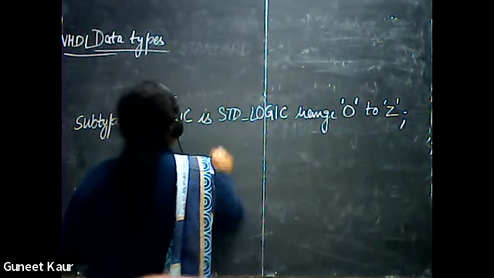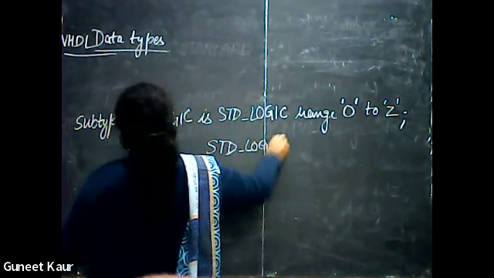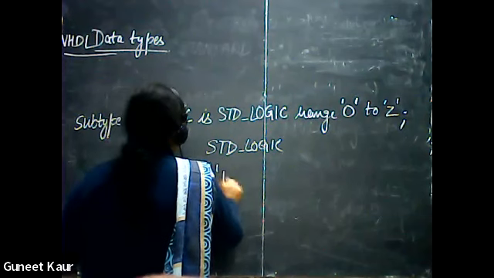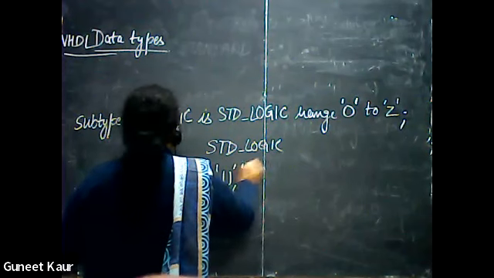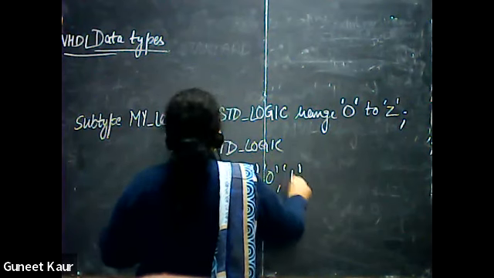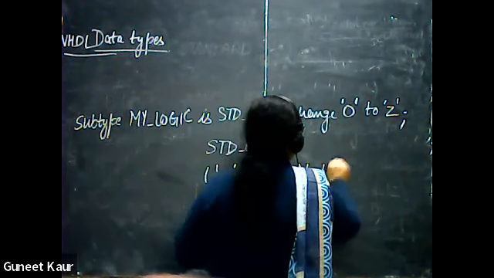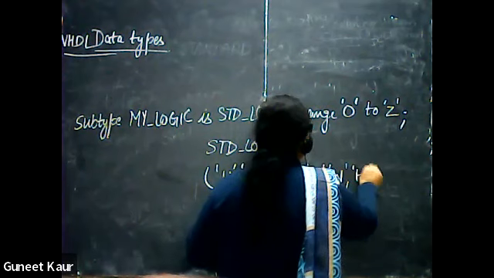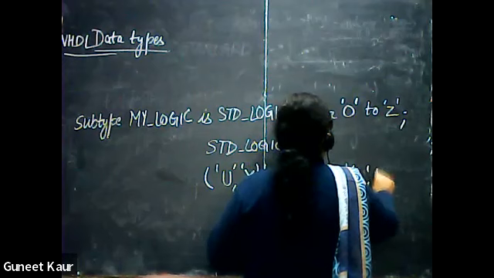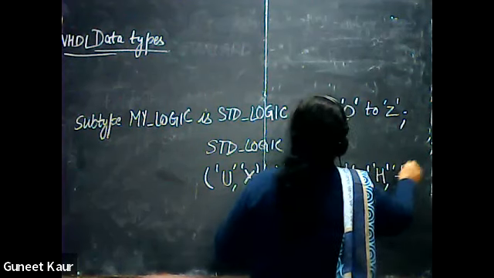Actually, in std_logic, in this base type, we have the elements U, X, 0, 1, Z, W, L, H, and hyphen.